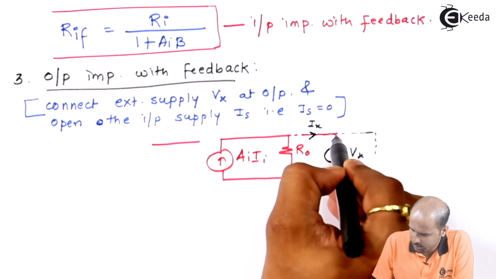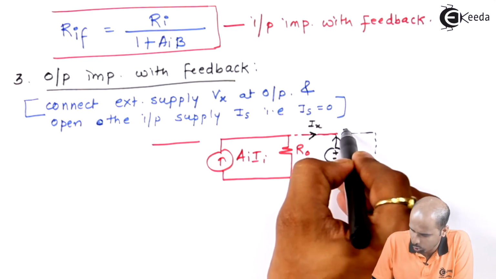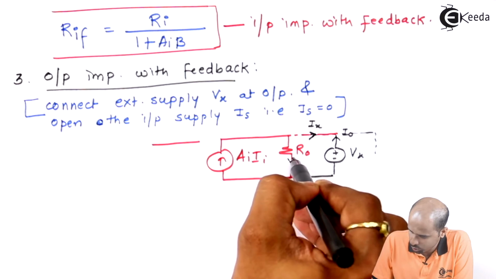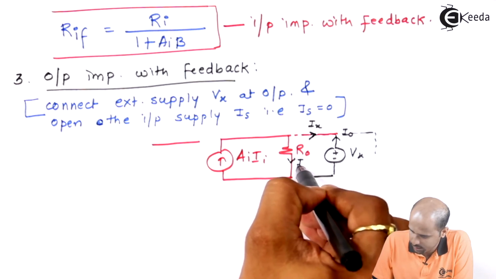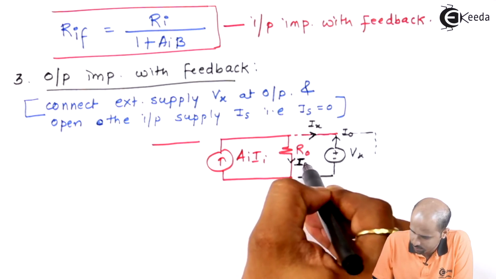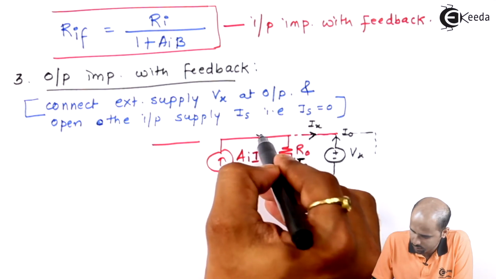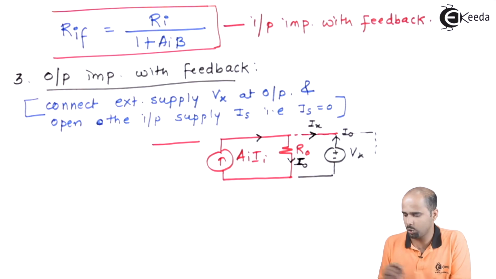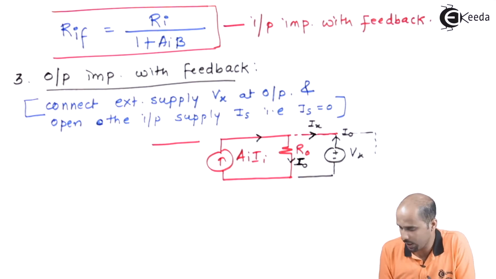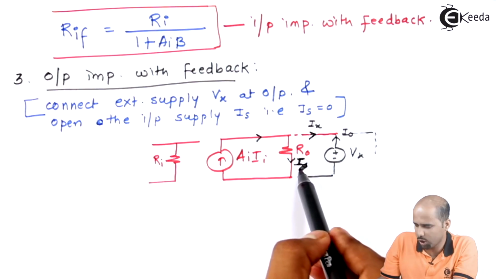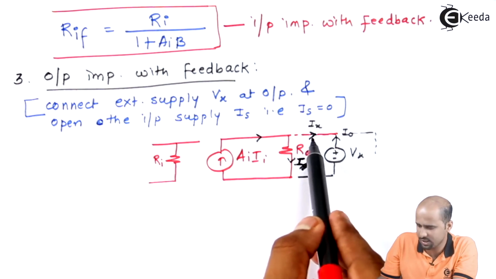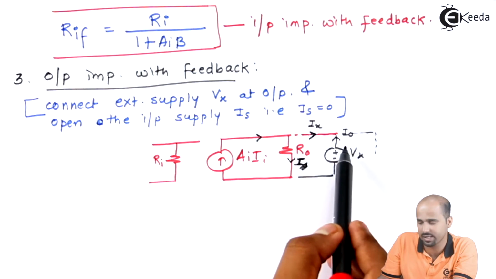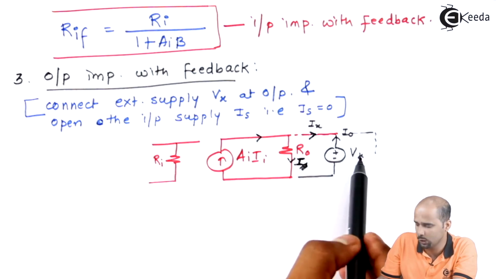Okay, this is nothing but the IO. The current flowing through this particular RO is, let's say, IO, and current flowing here is your AI into II. This is the Ix, and this is exactly opposite to the Ix, that is nothing but my IO.